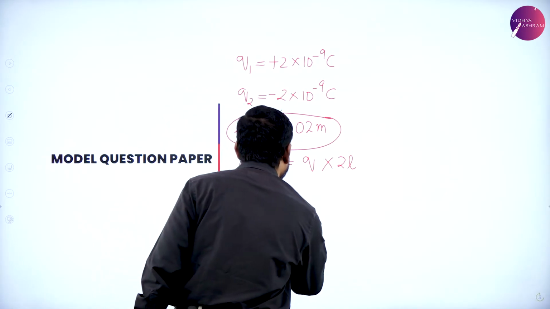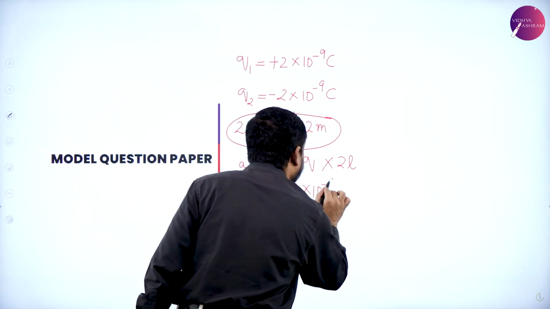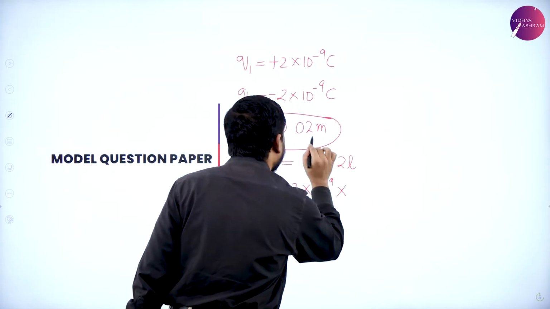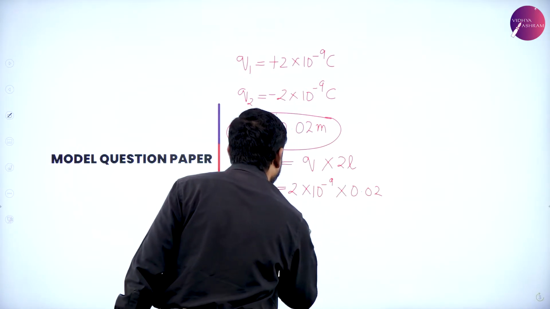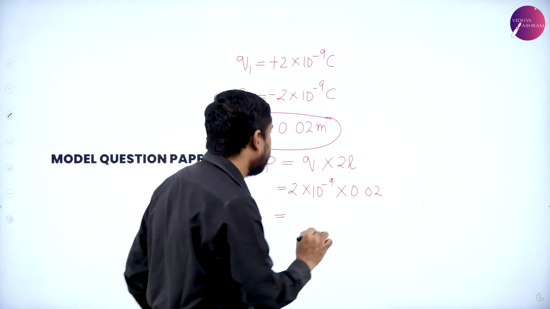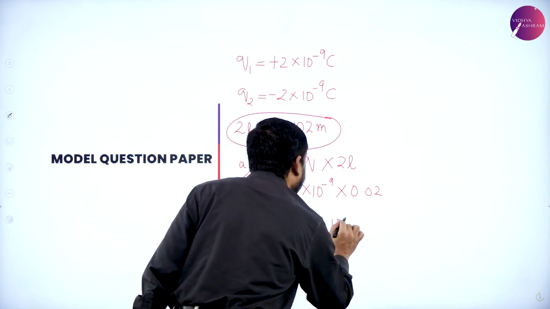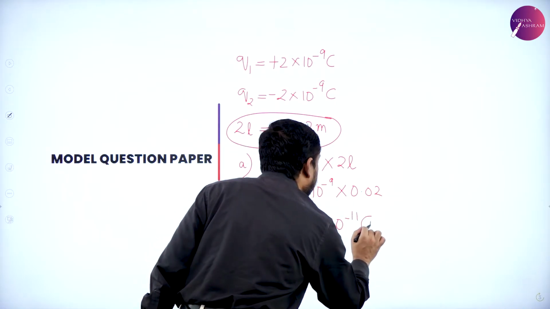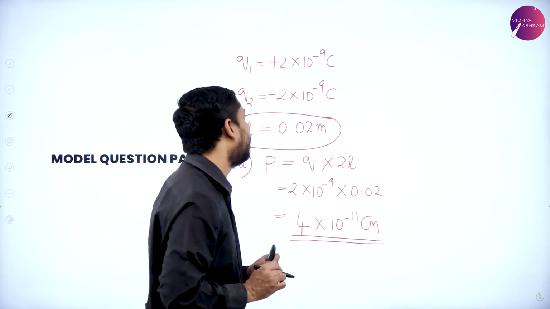So this is 2 into 10 power minus 9 into 2L, which is 0.02. On simplification, dipole moment is 4 into 10 power minus 11 coulomb meter.